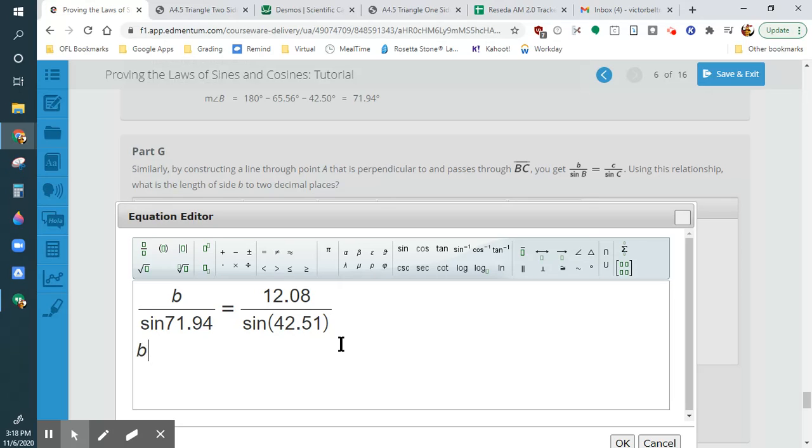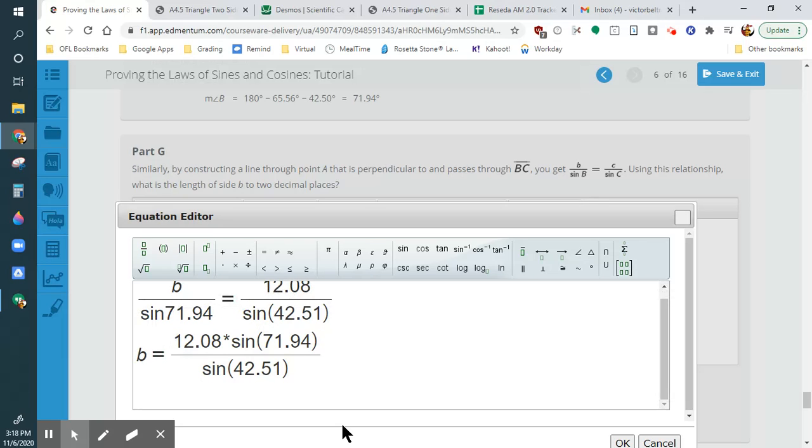So I get B equals 12.08 times sine of 21.94. Gonna put all of this over sine of 52.51.